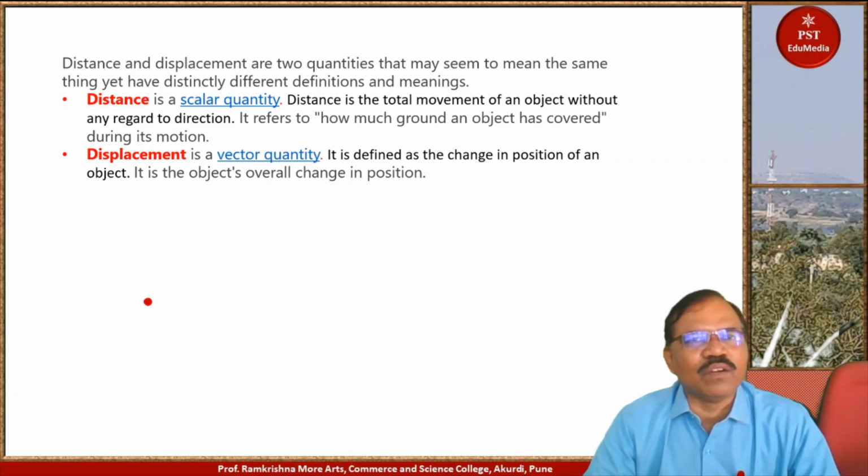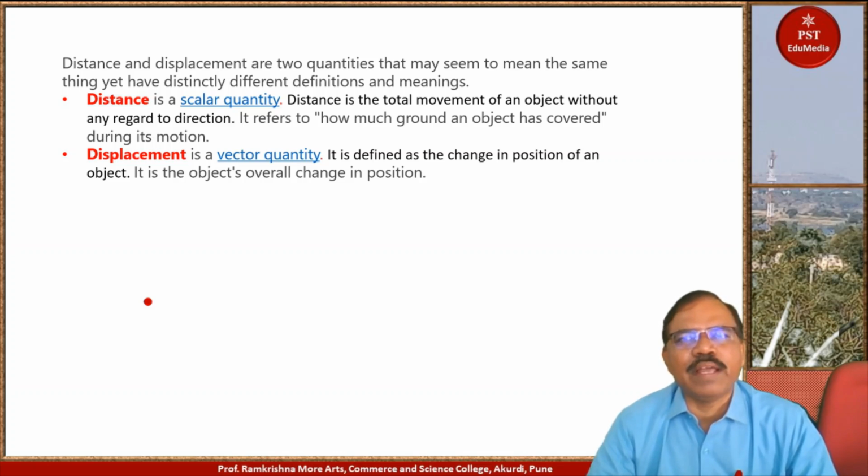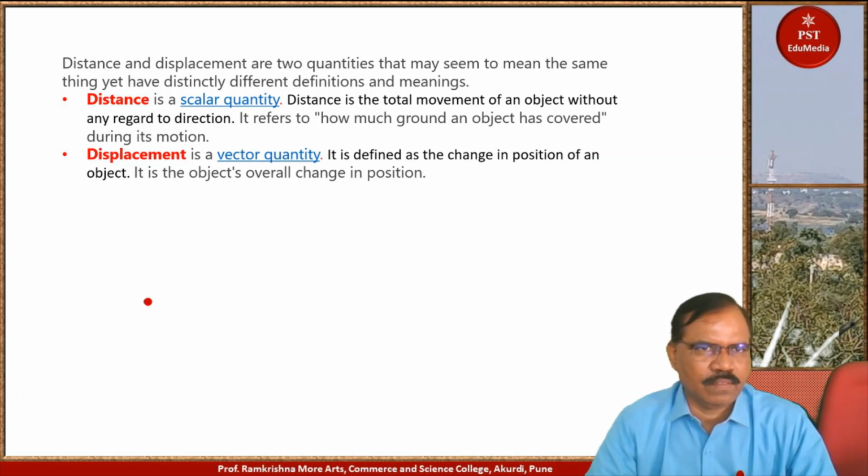Distance is a scalar quantity. Distance is the total movement of an object without any regard to direction. So when we say distance, we do not consider its direction. It refers to how much ground an object has covered during its motion.